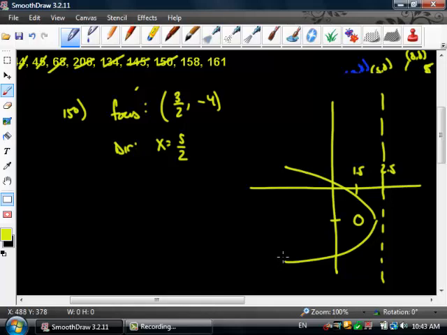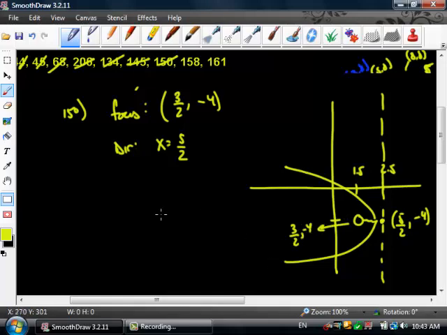All right. How do I find the vertex of this parabola? Dustin? It's exactly the center between the focus and the directrix. Let's call this point here 5 over 2 comma negative 4, because this here is 3 over 2 comma negative 4.